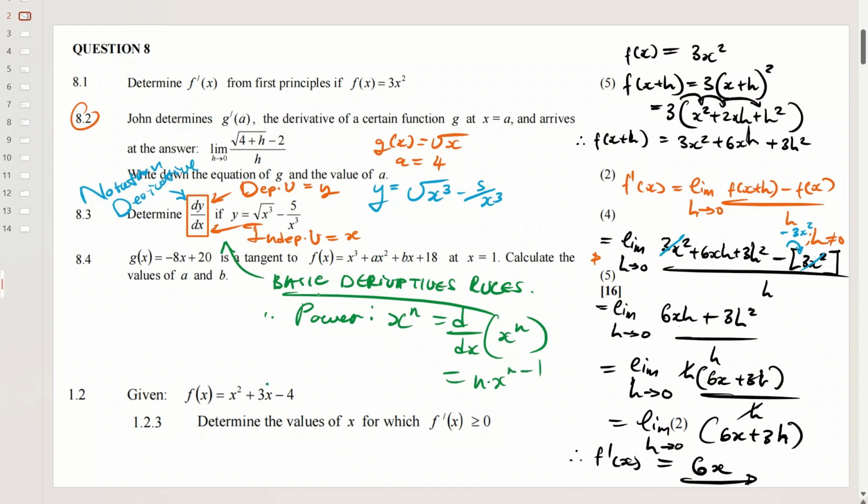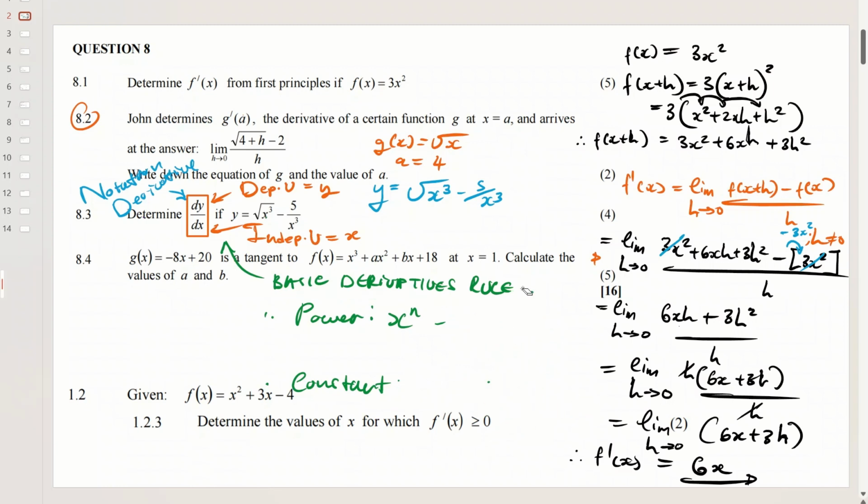Another basic derivative rule is the constant multiple rule. If c is your constant and you have x to the n, you keep the constant outside and take the derivative of that, and you'll have x to the n minus 1. Yeah? Those are your basic derivative rules.